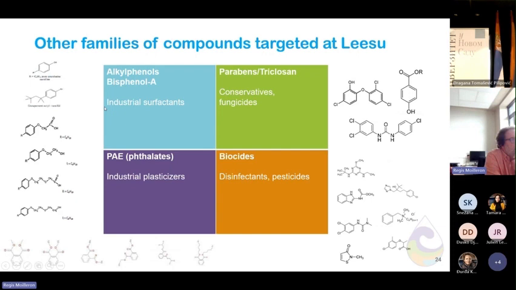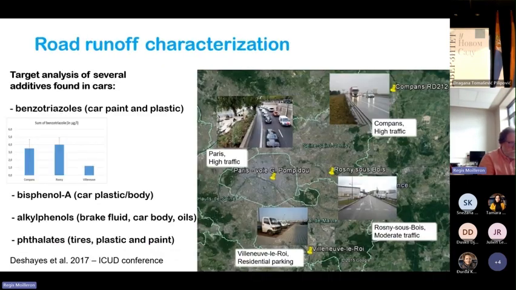We target industrial surfactants like alkylphenols, preservatives like parabens, industrial plasticizers like phthalates, and more recently we have a lot of projects going on biocides that are used not only as pesticides but also as disinfectants in products that are used in the households, for example, by people directly at home.